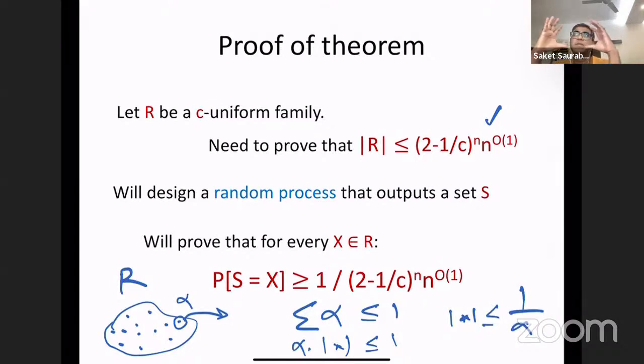We set up a random process that outputs some set S, and we show that you give me any element in R, I output it with at least this much probability, and this is true for every element. Then you ask how many elements are there in R. The total times alpha is less than or equal to 1, because the probabilities sum to at most 1, since it's a probability distribution. But that also allows you to count things.